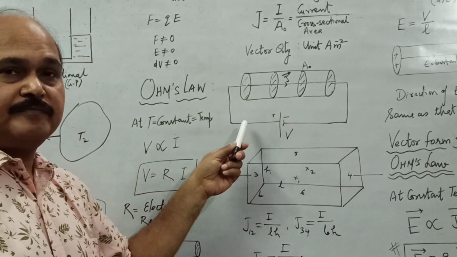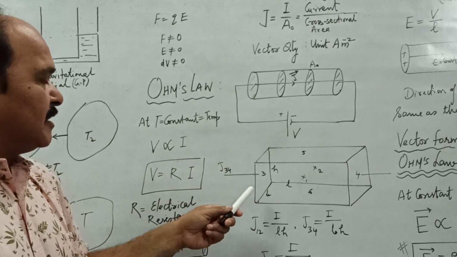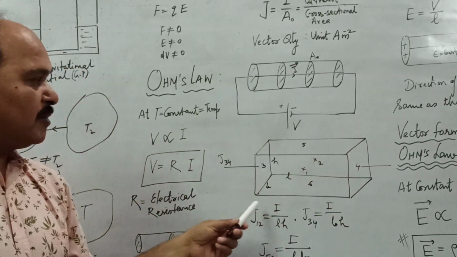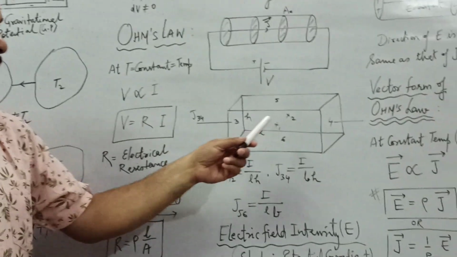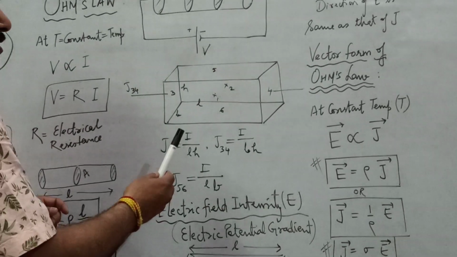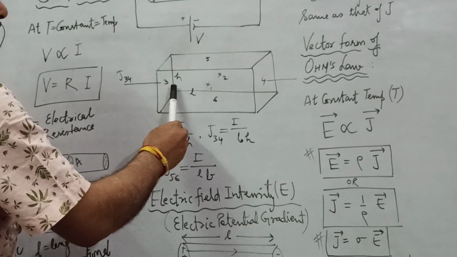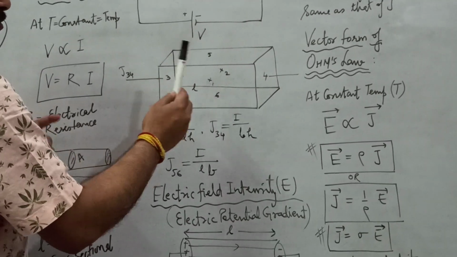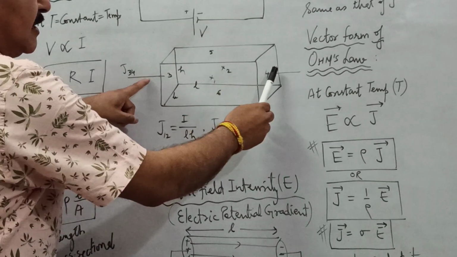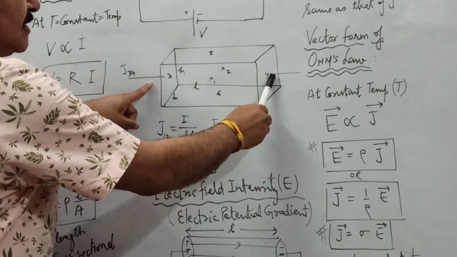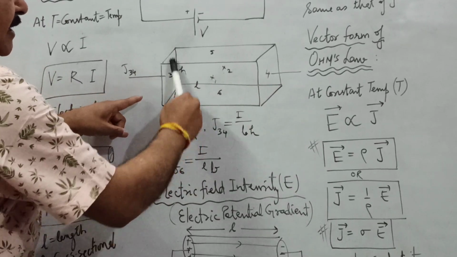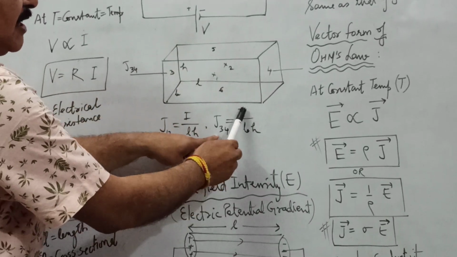Well, if we have a cubical block of conductor and this current source is connected across, the length of the cube is L, width is B, height is H. If the source of the current is connected across these two surfaces, in that case current density is going to be I upon these areas, that is J = I upon BH.